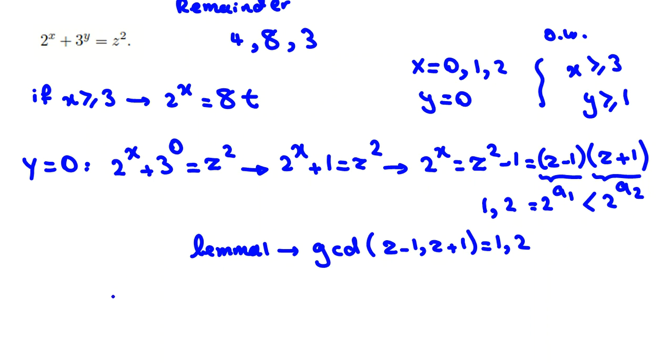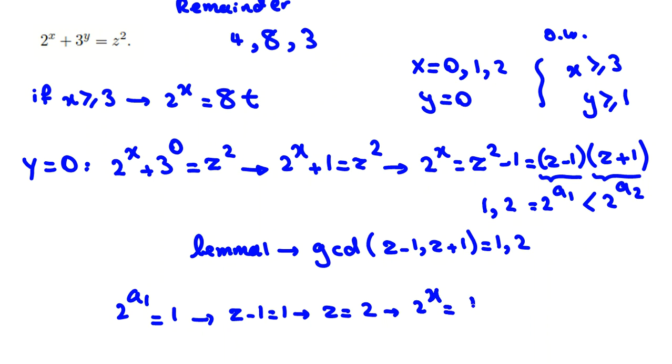So we conclude. In the first case, if 2 to the a1 is 1, then 2 to the a1 is z minus 1. z minus 1 is 1, so z is 2. So let's replace: if z is 2, it will be 2 minus 1, which is 1, and 2 plus 1, which is 3. So then 2 to the x will be 1 times 3 equals 3.